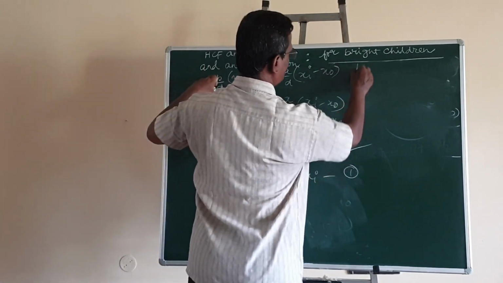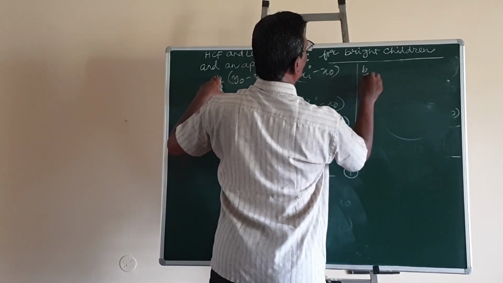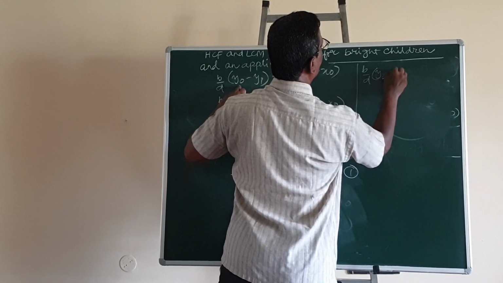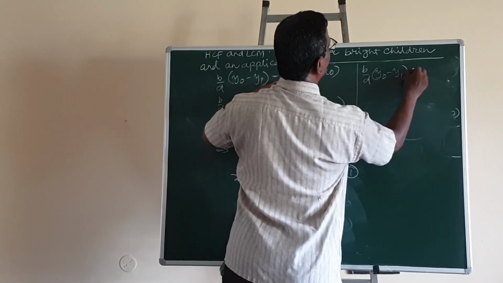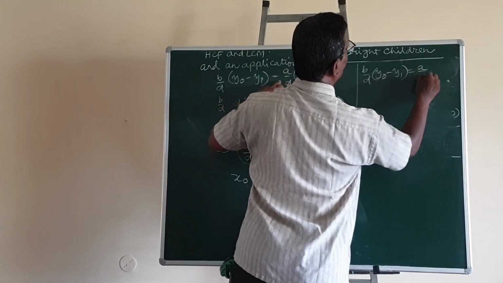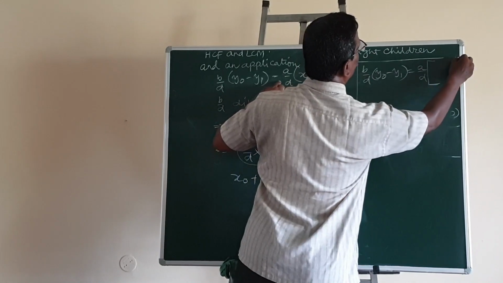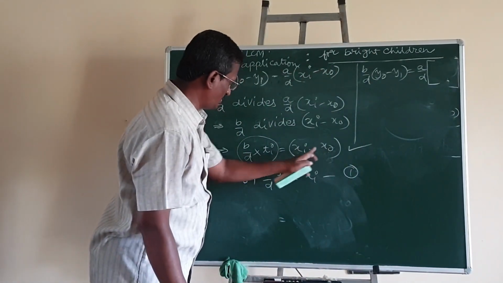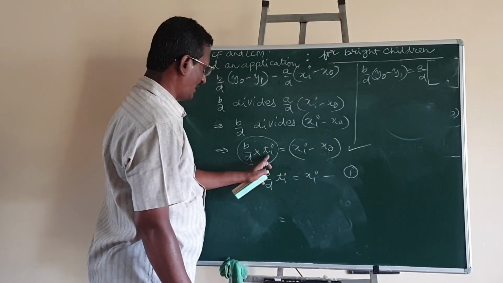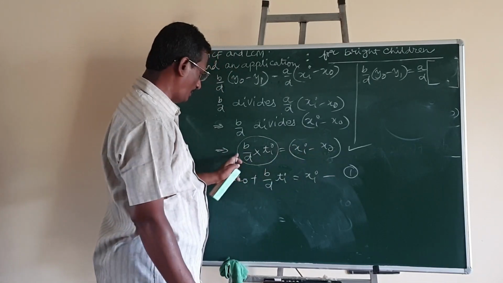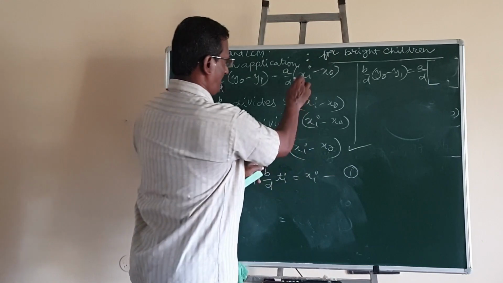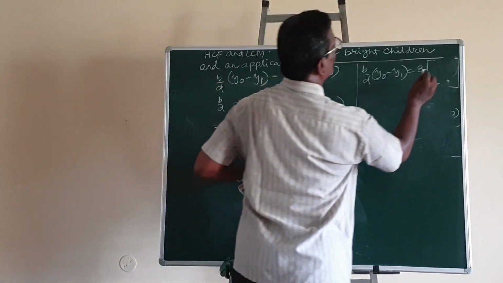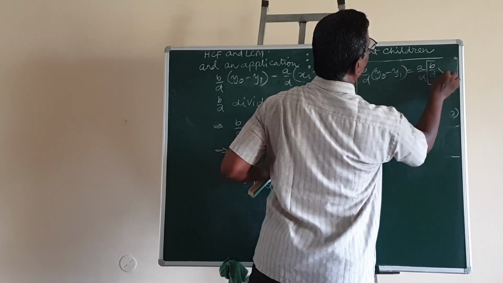Here b by d into y0 minus yi is equal to a by d into xi minus x0. xi minus x0 is how much? b by d into ti. So in place of xi minus x0, I will write b by d into ti.